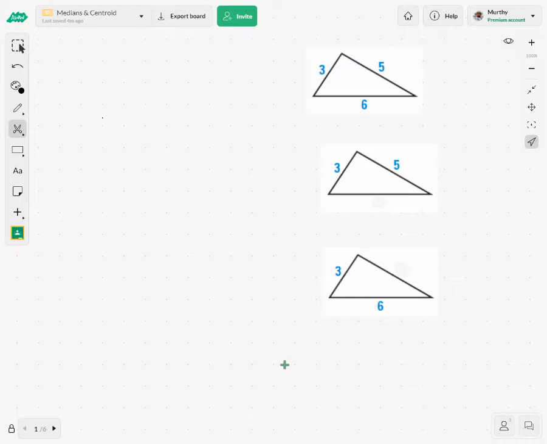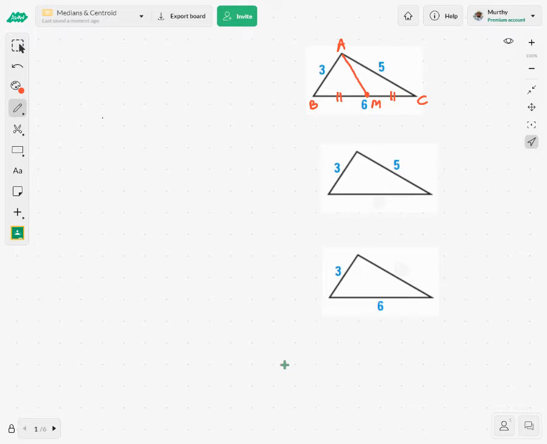So in this triangle, in triangle ABC, let's say that AM is the median. Median means that it is bisecting the opposite side into two equal halves.